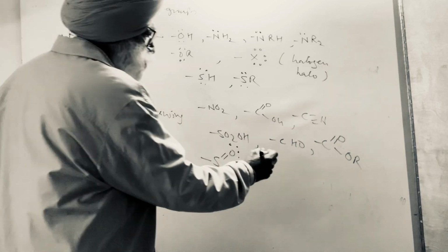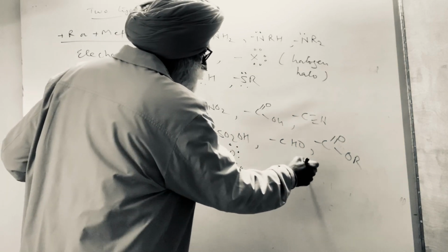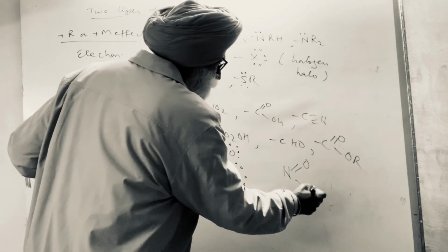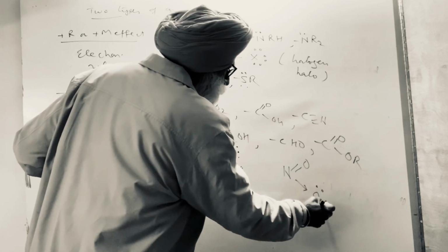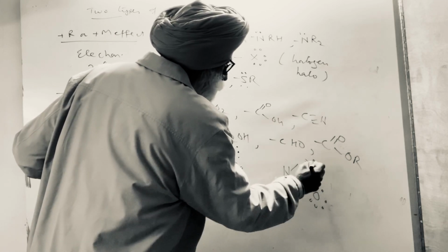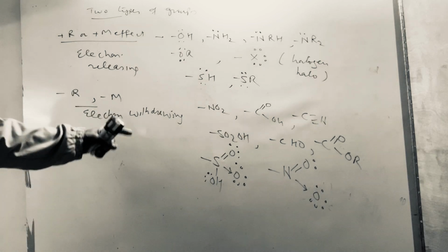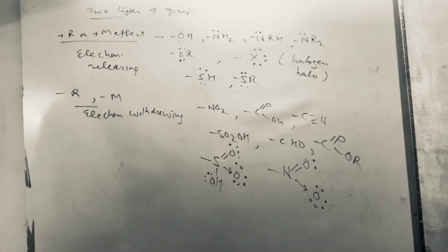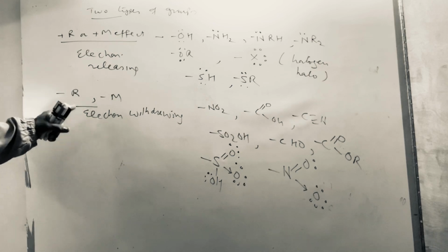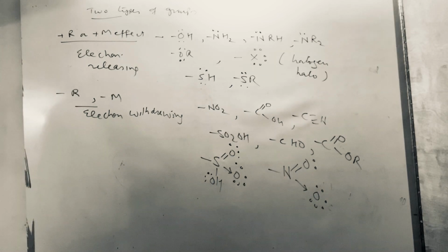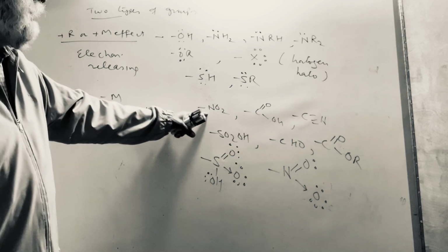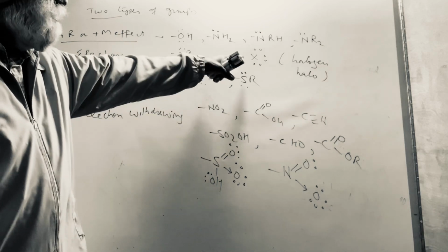NO2 is electron withdrawing, as we have seen in the inductive effect also. So here nitrogen is electron deficient. So these groups have what is called an electron withdrawing resonance effect. This was the same in the inductive effect, but here it is different.